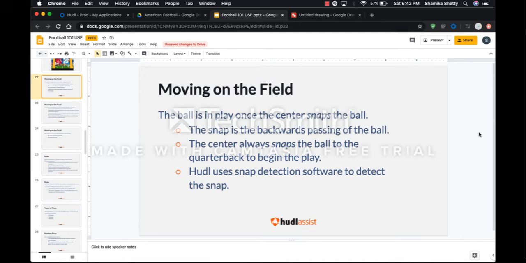He will snap the ball between his legs, behind to the quarterback. There will be multiple videos for you to watch on YouTube on this snap. The snap is the backward passing of the ball between his legs to the quarterback standing right behind, and the game is started. This last point is not of any importance for us right now.